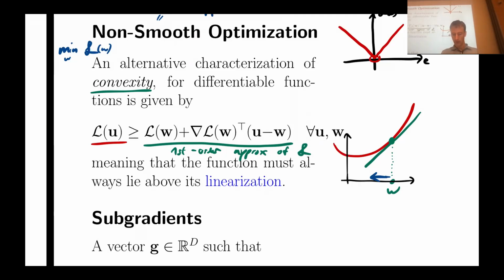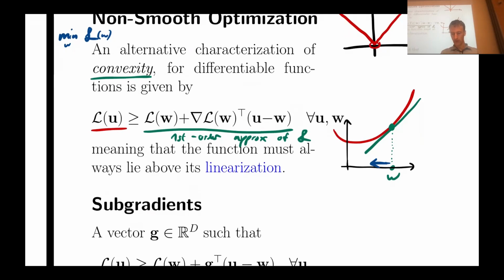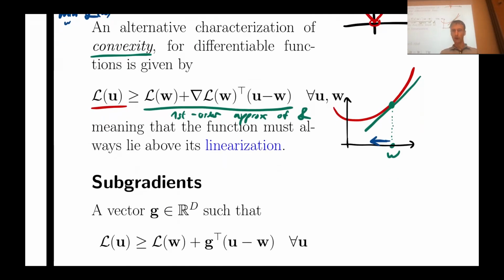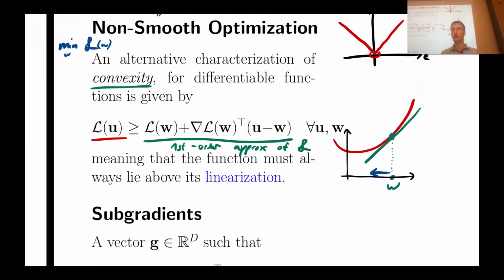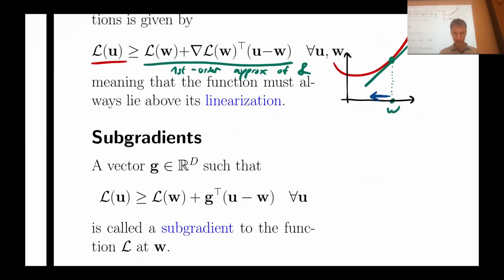And now the way we're going to use this is we ask, can we do a similar thing if our function is not differentiable? Can we have a similar property that we have these nice linear approximations? And that's what a subgradient is. So it's really the same idea.